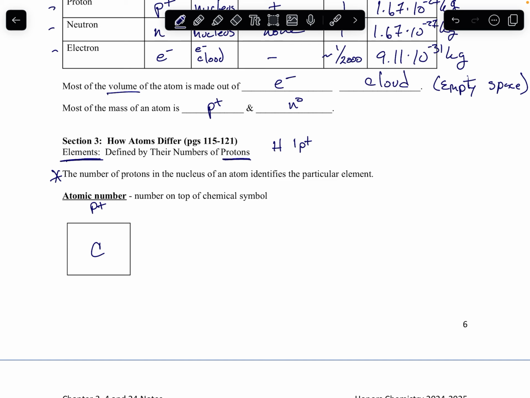A lot of the ones we use have the atomic number either directly above carbon, or off to the side slightly. So my atomic number is this number here. Down below, you'll usually have something like 12.01. This is what we call the atomic mass, and we'll get to that shortly. Our atomic number is also sometimes abbreviated as a capital Z.